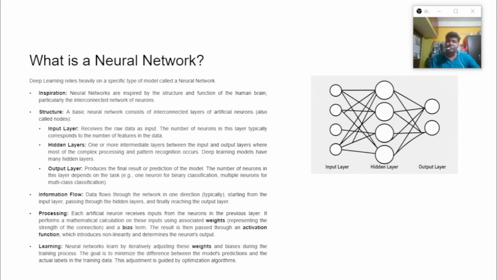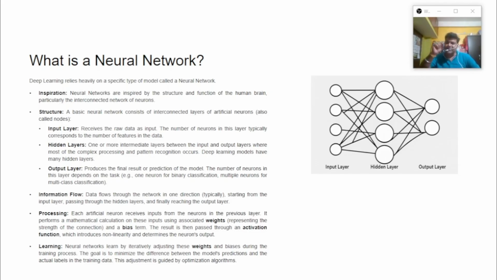Information flow: how does information flow? Data flows through the network in one direction, starting from the input layer, passing through the hidden layers, and finally reaching the output layer. Processing: each artificial neuron receives input from the neurons in the previous layer.